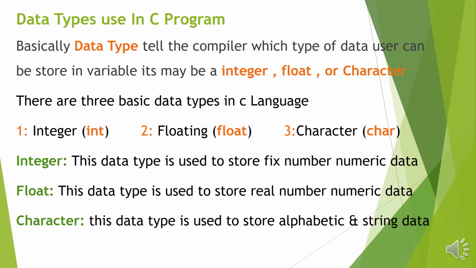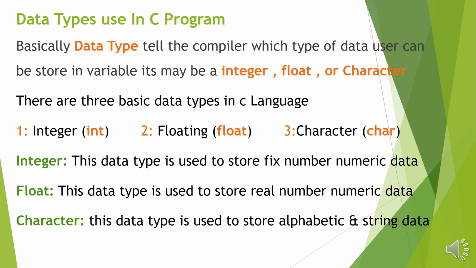Another very important question is data types used in C program. This is the last topic of chapter number 2. Basically, data types tell the compiler, the computer, and the user which type of data can be stored in a variable. A user can store integer data, float data, and character data.